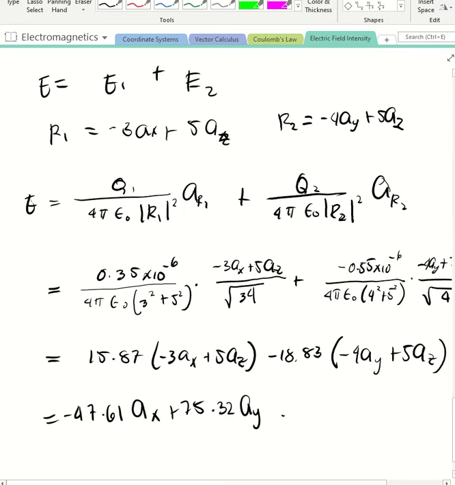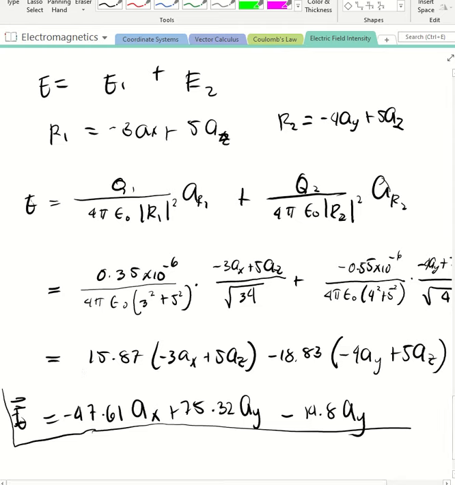So minus 14.8 az, and this will be our electric field at that point. And the unit will be volt per meter.